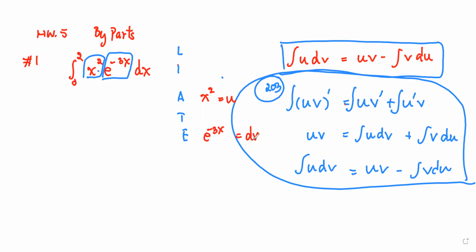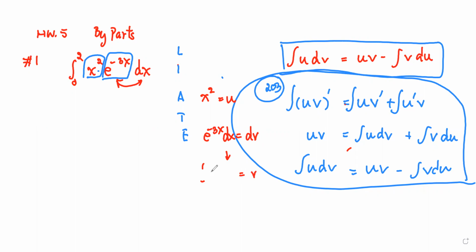When you see d, that means differential v, so you have to bring the dx together with the expression. From the formula of by parts, you need to multiply u and v. You already have u, but you don't have v. You have to find v by finding the antiderivative of this.